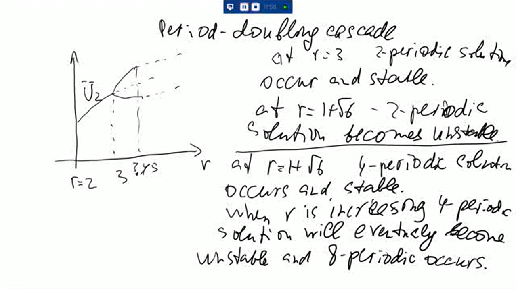Then when it becomes unstable, a 4-periodic solution appears. Then it becomes unstable at a certain value of our parameter, then an 8-periodic solution appears, and so on and so forth. So all of this is called a period doubling cascade.